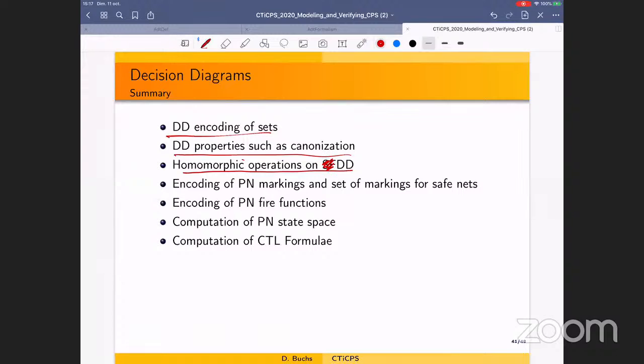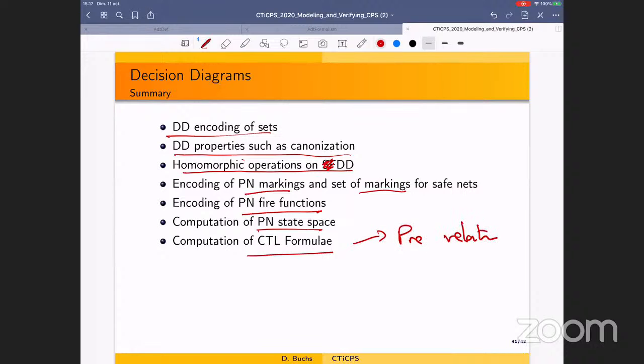And later we can encode the markings and the set of markings, using algorithms that are global to the set of markings to compute more efficiently, for instance, the state space. We can encode the fire function in order to compute this state space. And finally, there is a problem of CTL formulas that need the pre-relation.